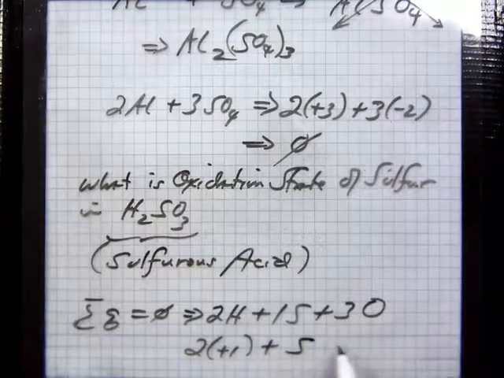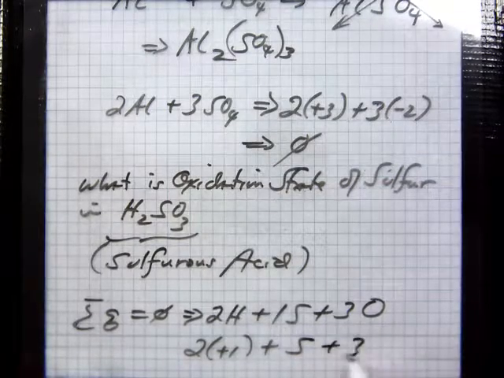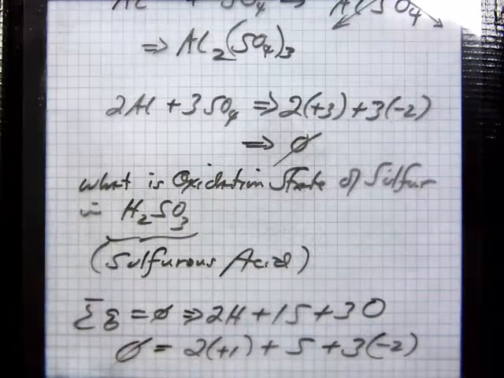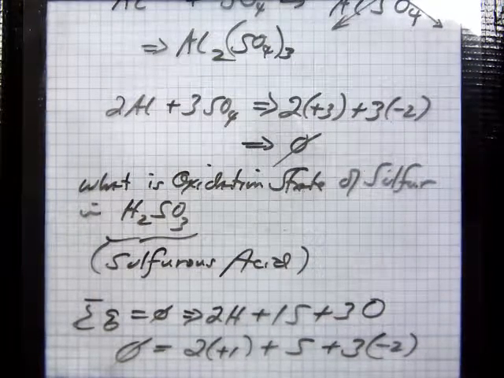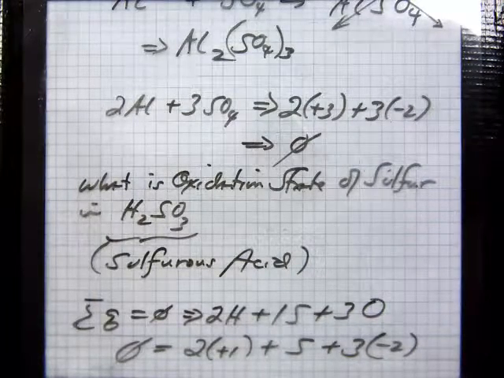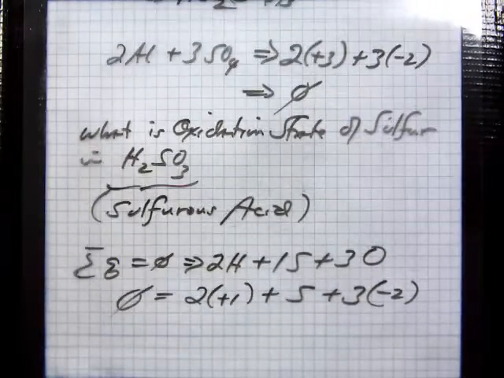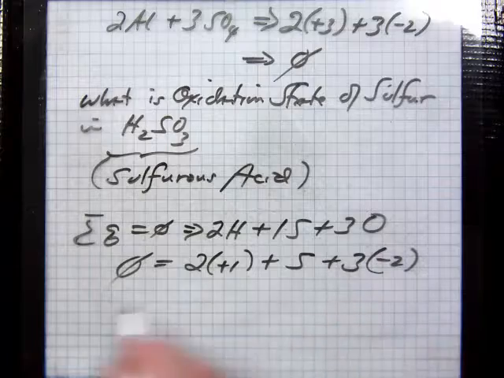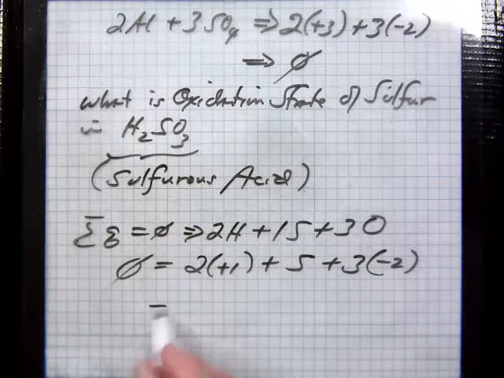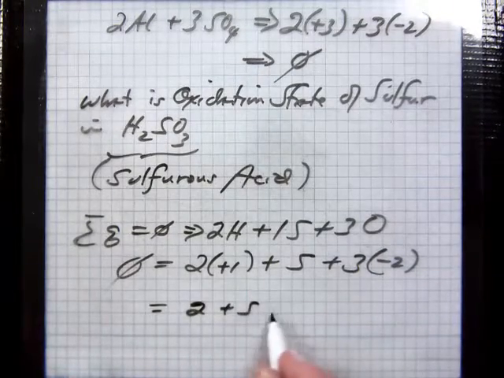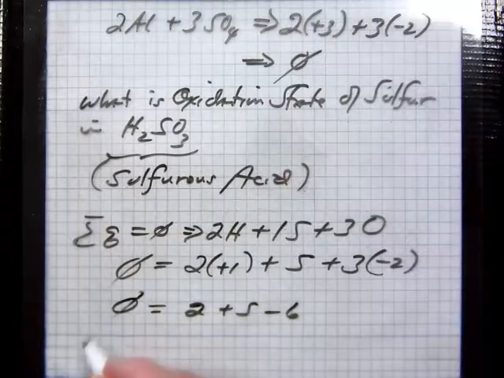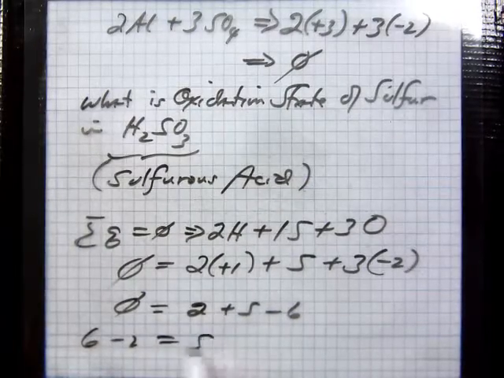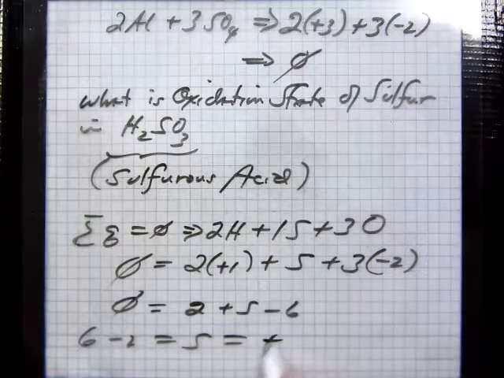And then 1 sulfur plus 3 oxygens, always a minus 2. And all that's going to be equal to 0. So now you've reduced it to an equation in one unknown. And so you simply, since it's a molecule, solve for whatever sulfur is, and so that's 2 plus sulfur minus 6 is 0, and so 6 minus 2 is equal to sulfur, which is plus 4 in this case.